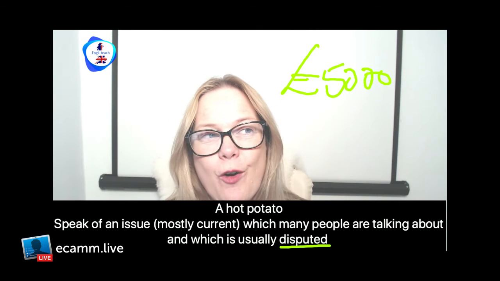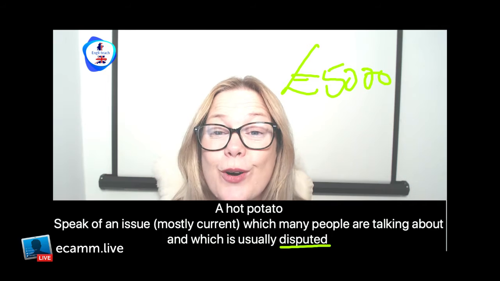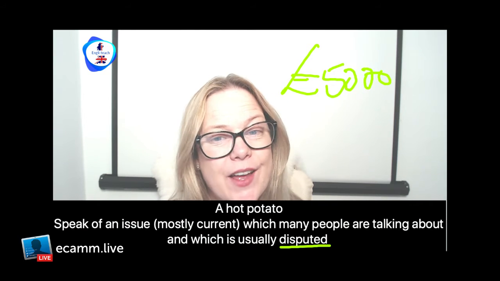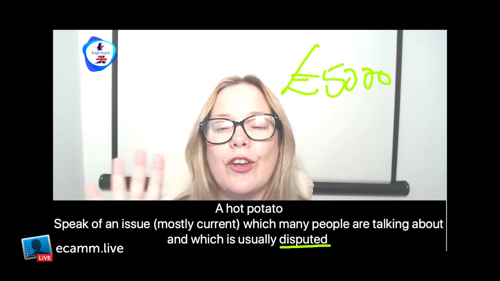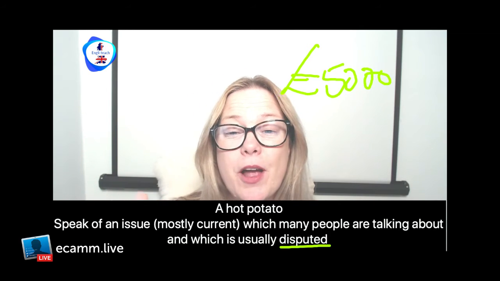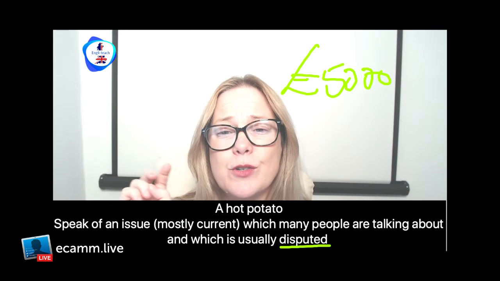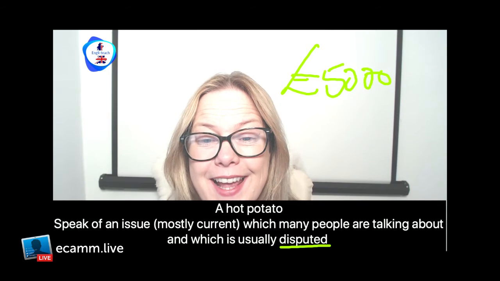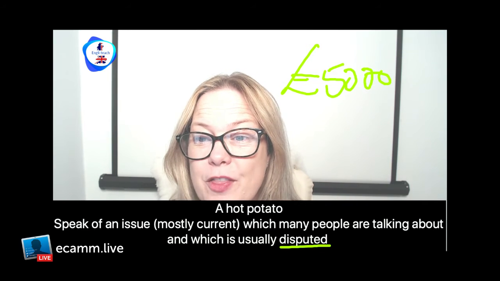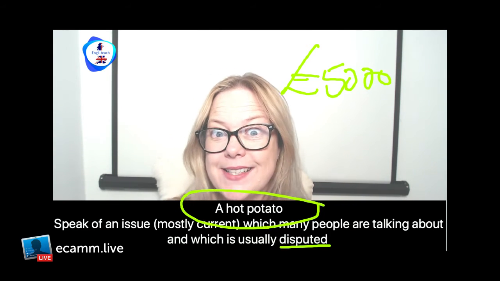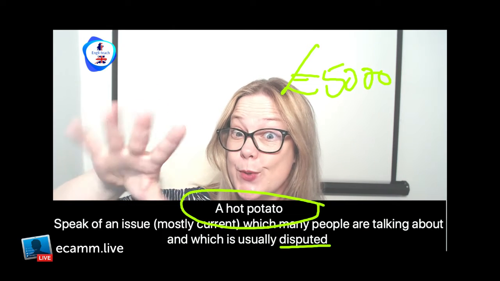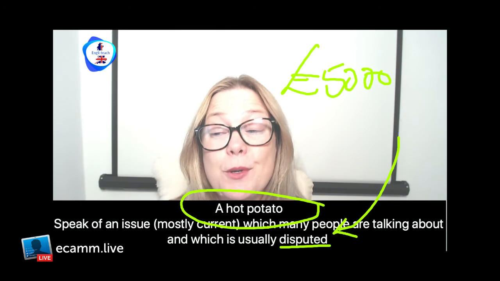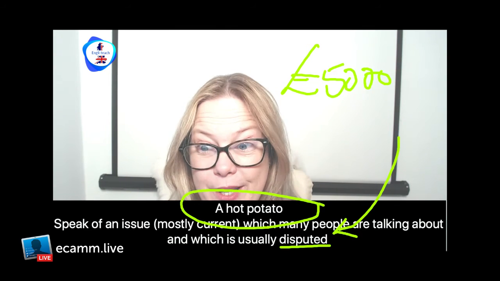Your friends are talking about this in the pub, and they say, oh my gosh, when they come over, do not talk about cars or sofas. It's a real hot potato at the moment, which basically means it's a subject that's a bit touchy, mostly when people are disputing or arguing.